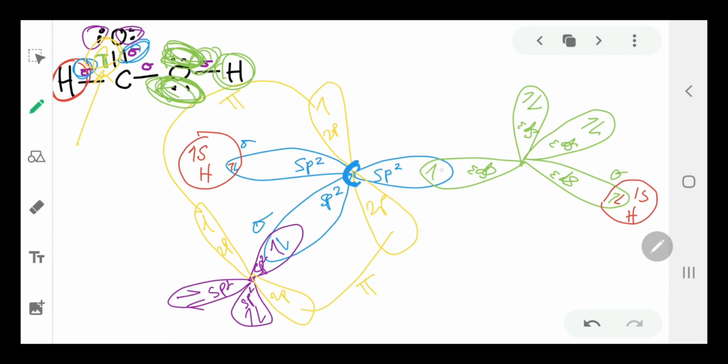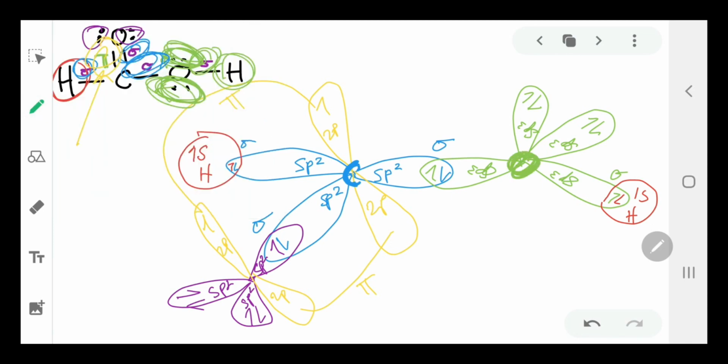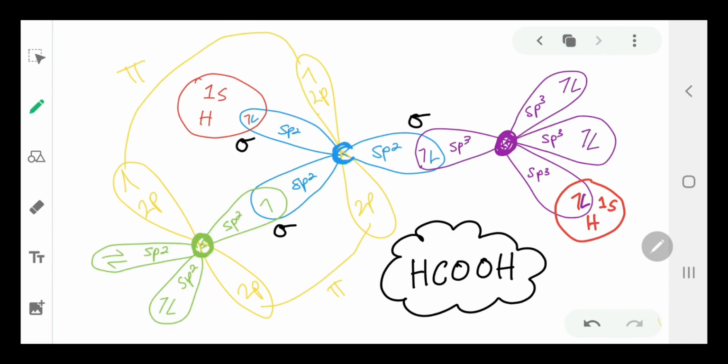And another sigma bond right over here, which is that one sigma bond. So that is the shape of the orbital overlapping. So that's how you're going to draw it neatly.